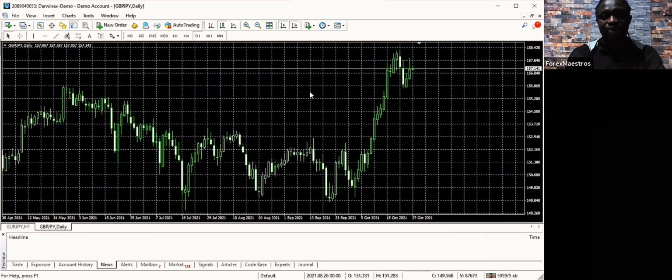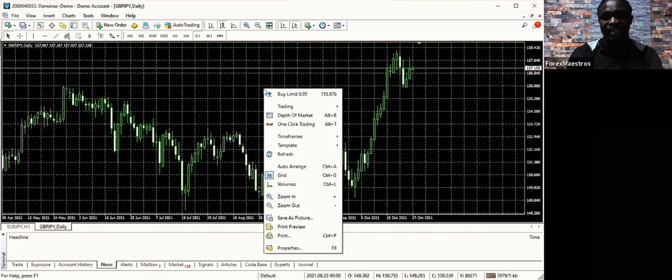All right. How do you work on this chart? Now, personally, I love my charts to be very clear. So if you are like me, and you want to format or change the layout of what you're seeing, what do you do? Simply right click inside the chart.